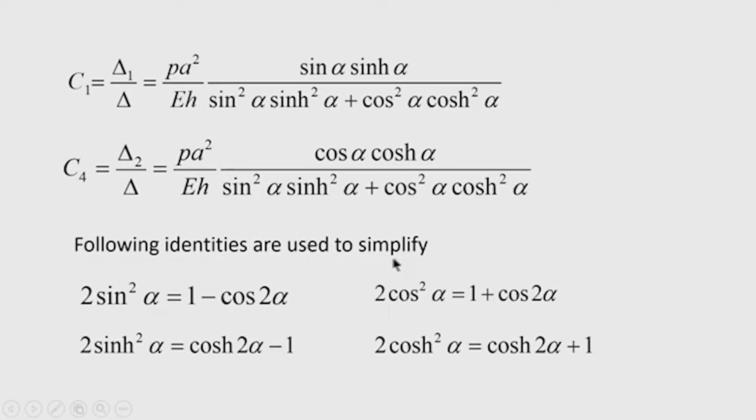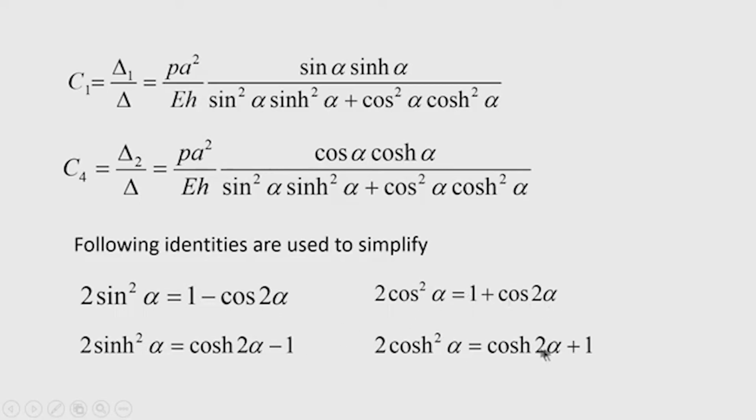The following identities are used to simplify further the constants of integration. So, what are the identities? One identity is the trigonometrical identity, that is 2 sin square alpha equal to 1 minus cos 2 alpha, and another is 2 cos square alpha equal to 1 plus cos 2 alpha.